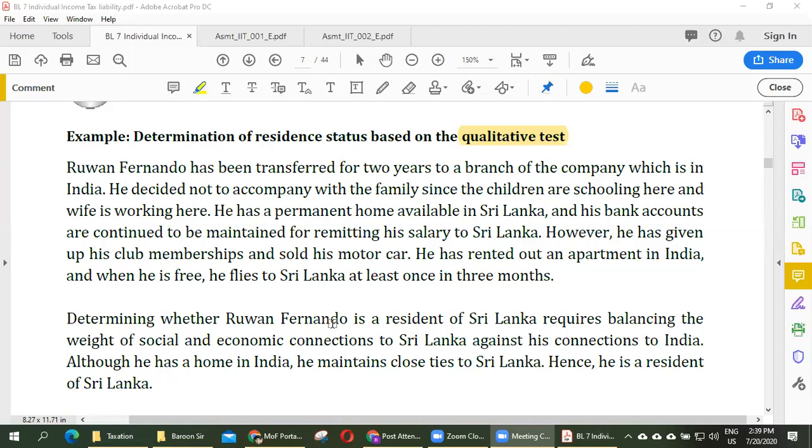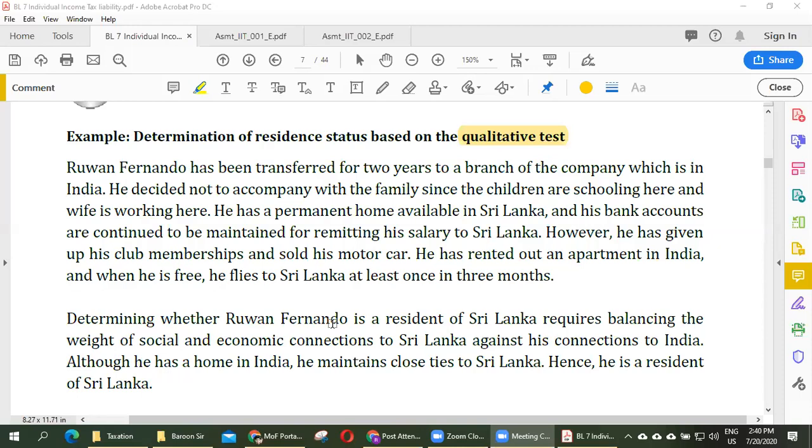Juan Fernando is working in India, but his family is still in Sri Lanka. He has a permanent home available in Sri Lanka, and his bank account is continued to be maintained for remitting his salary to Sri Lanka.